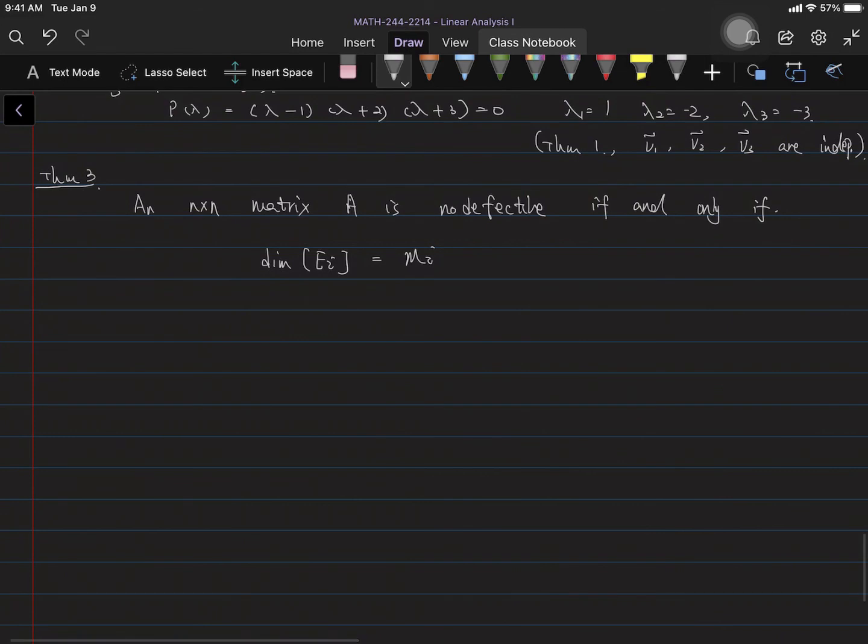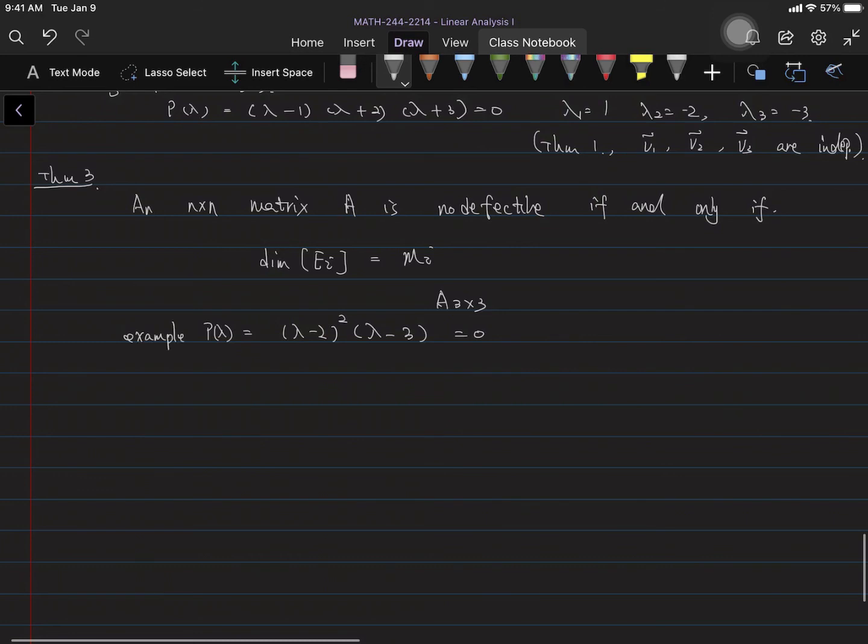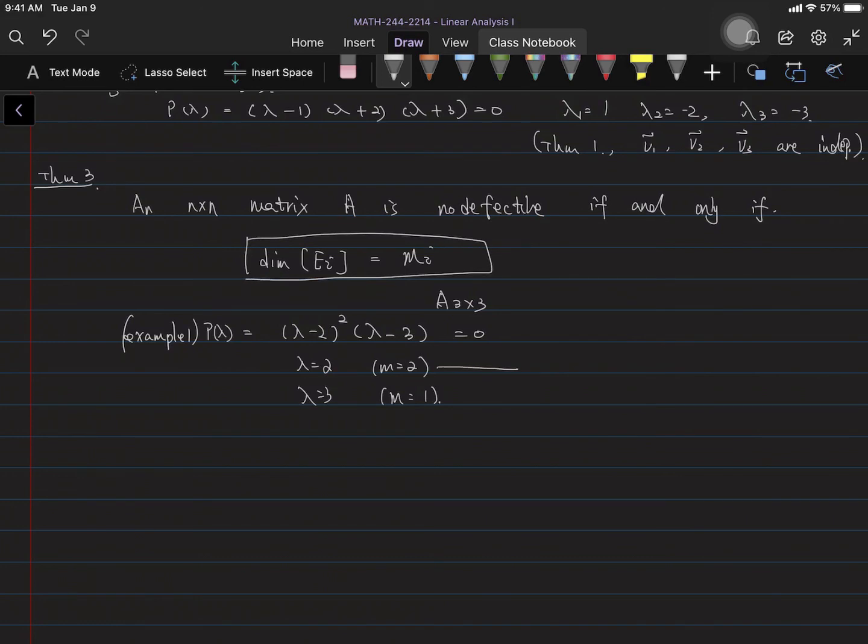For example, if p(lambda) equals lambda minus 2 squared times lambda minus 3, if I remember correctly, and A is a 3 by 3 matrix. This is example 1 at the beginning of the class, and lambda equals 2 has multiplicity 2, and lambda equals 3 has multiplicity 1. So what's the meaning of this theorem? This means the dimension of the eigenspace. If we look at this one, the eigenspace E1 is in R3, and the vector equals like s something plus t something, okay?